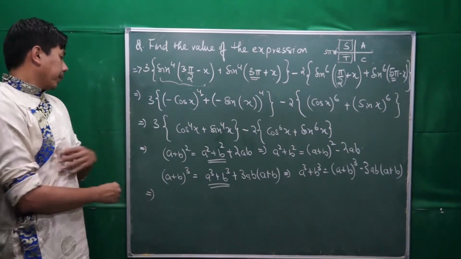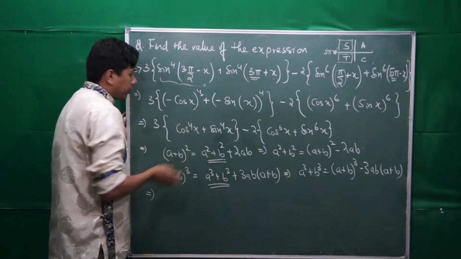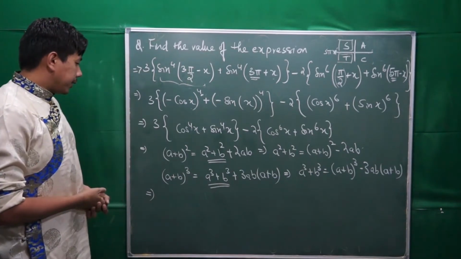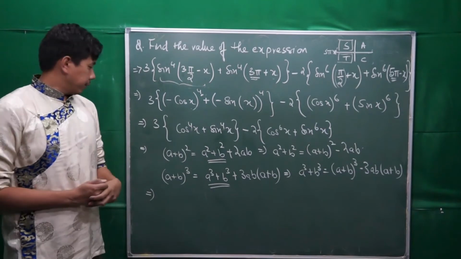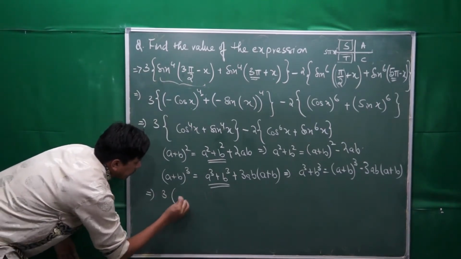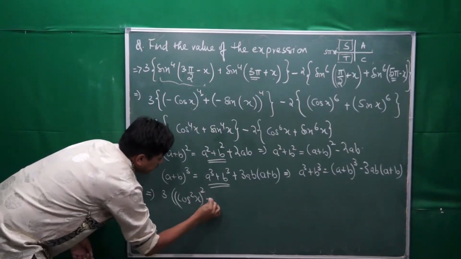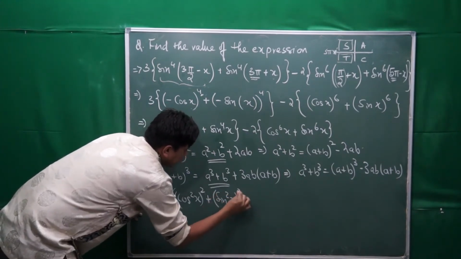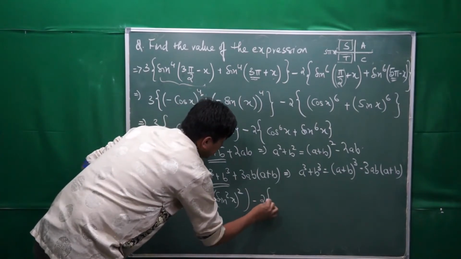Okay, so cos to the power 4x, this is in the power form. Cos to the power 4x and sine to the power 4x can be written as cos square x whole squared plus sine square x whole squared, minus 2.